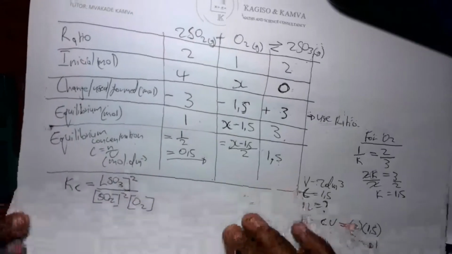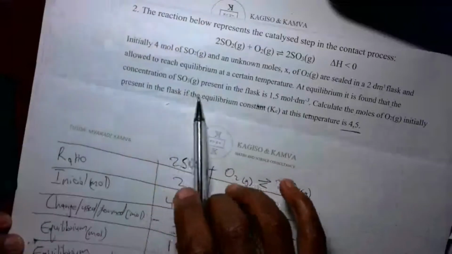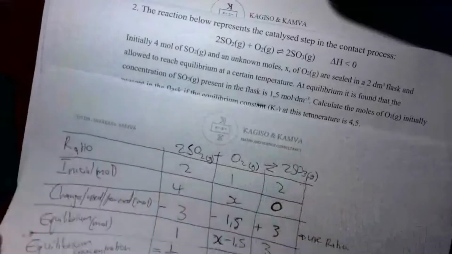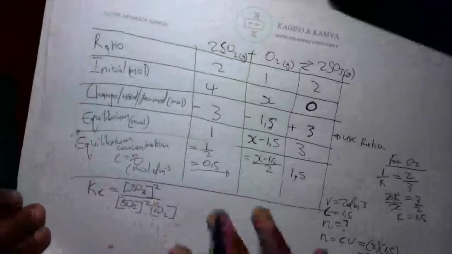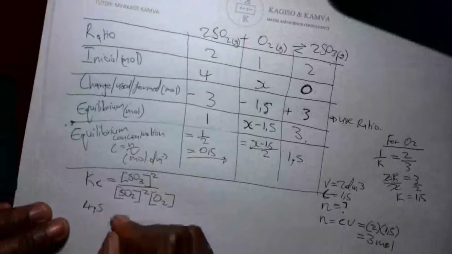Okay, now we are provided with the value of Kc. Calculate the moles of O2 gas initially present in the flask if the equilibrium constant Kc at this temperature is 4,5. So we come here, we substitute 4,5.